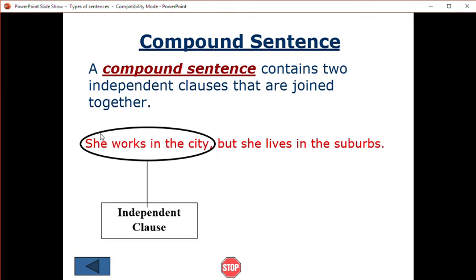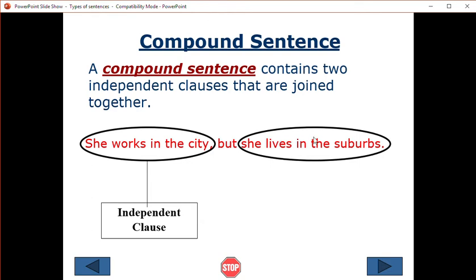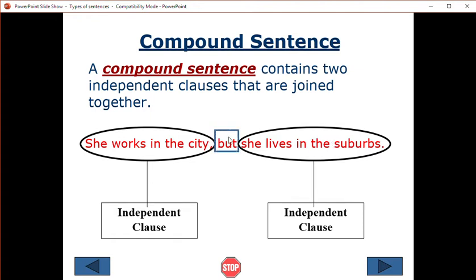We have an independent clause, she works in the city, then we have another independent clause, but she lives in the suburbs. They're joined together by a comma and conjunction. That's called a compound sentence. You've probably seen that a million times growing up. Comma conjunction, because without this, it's a run-on sentence. You can't have two mamas together in a sentence without a comma conjunction. Otherwise, that's what a run-on is.